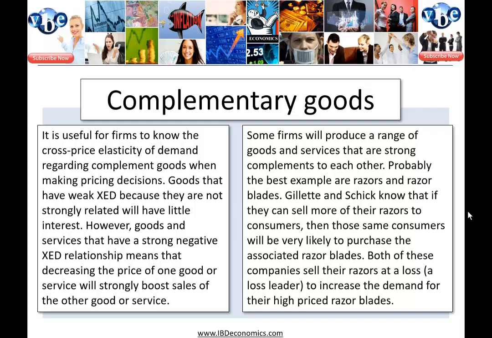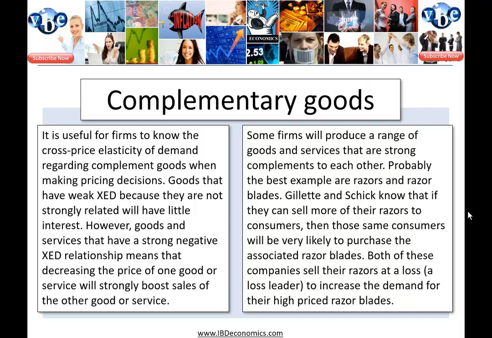For example, some firms will produce a range of goods and services that are strong complements to each other. And probably the best example out there is razors and razor blades. So the two giant firms in the market here, Gillette and Schick, know that if they can sell more of their razors to consumers, then those very same consumers are very likely to purchase the associated razor blades.